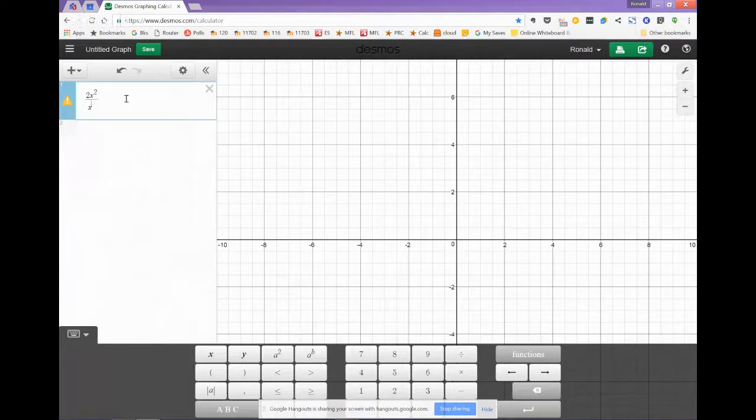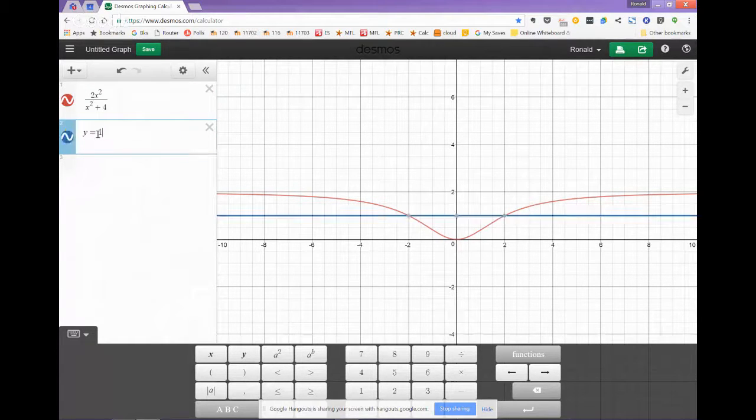Put that all in the x squared plus 4. There we go. So there's the fraction part. And then in part A, it says y is greater than or equal to 1. So I'm going to say y equals 1.